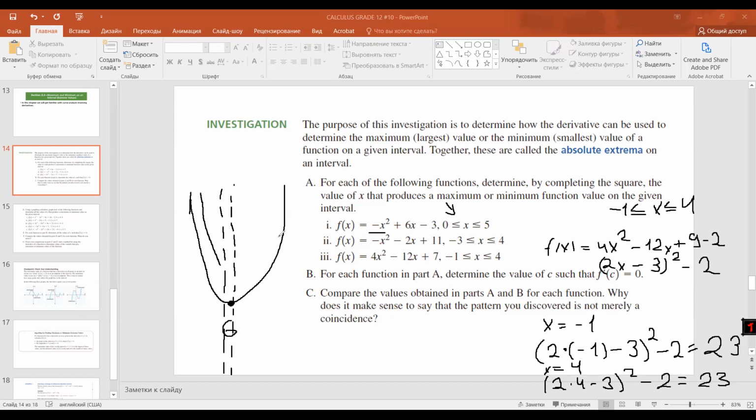So if this is an upward looking parabola and we come from the left side, theoretically the farthest point to the left should have the greatest value, right? But if we plug in 0, we see that this is equal to negative 3. And if we plug in 5, we see that it equals positive 2.